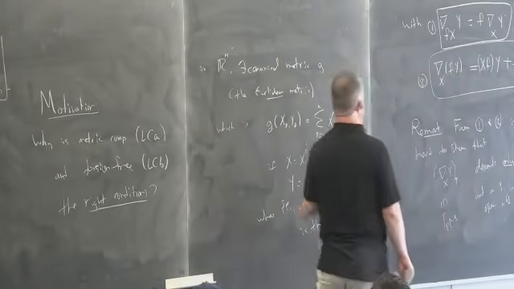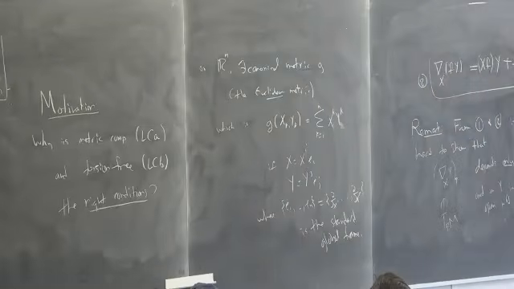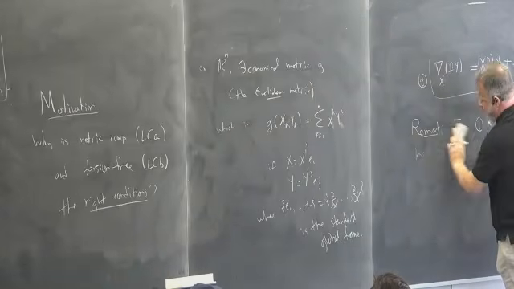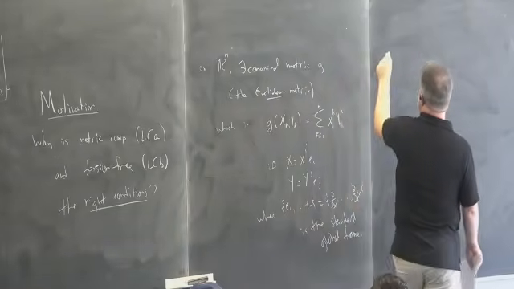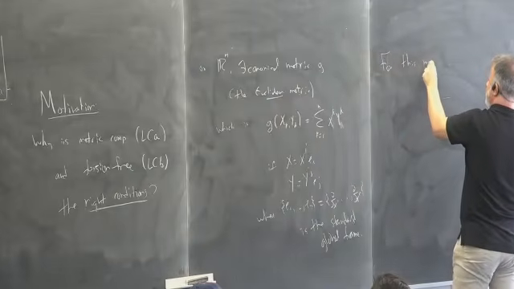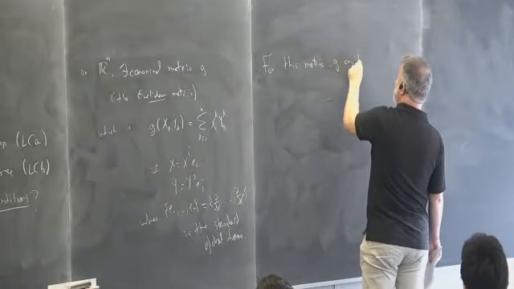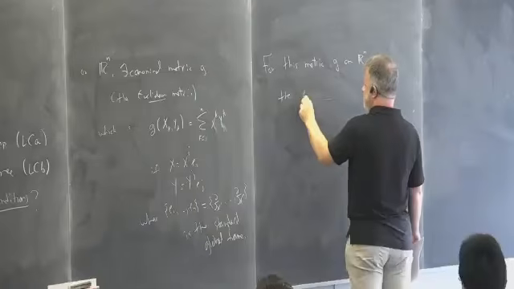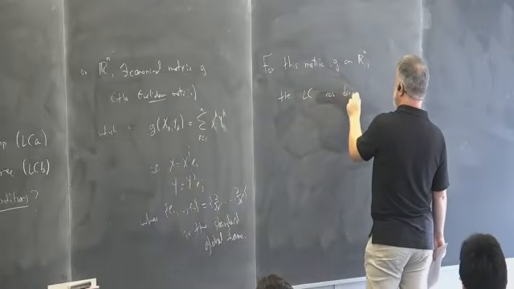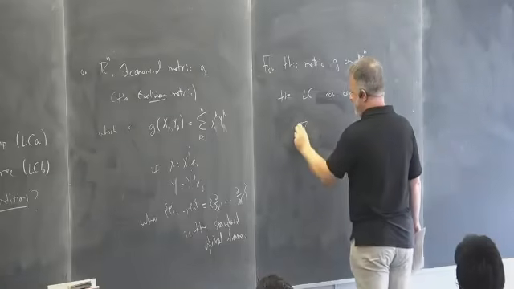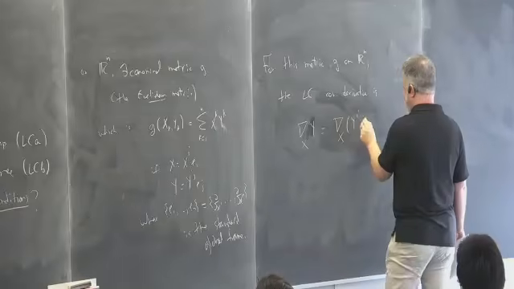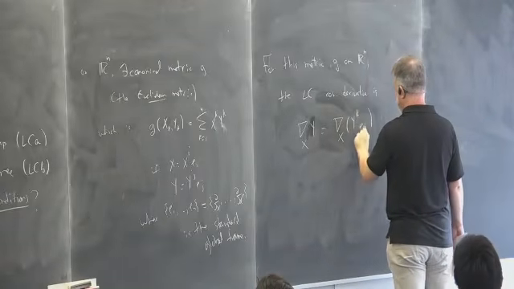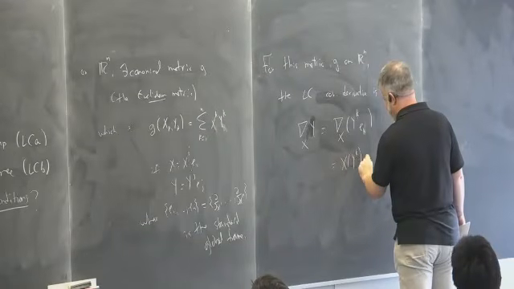If we do that, then if you compute the Levi-Civita covariant derivative in this case, and we'll see it explicitly before the end of the lecture, for this metric G on Rn, the Levi-Civita covariant derivative nabla X of Y, which is nabla X of yk ek, is just X of yk times ek.